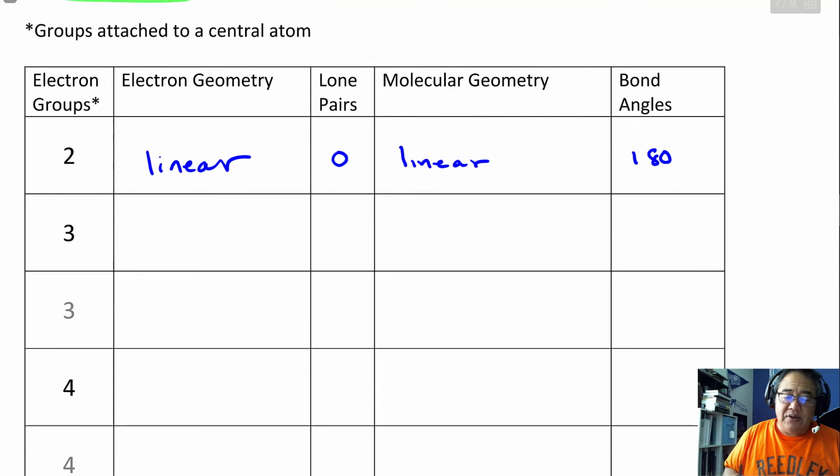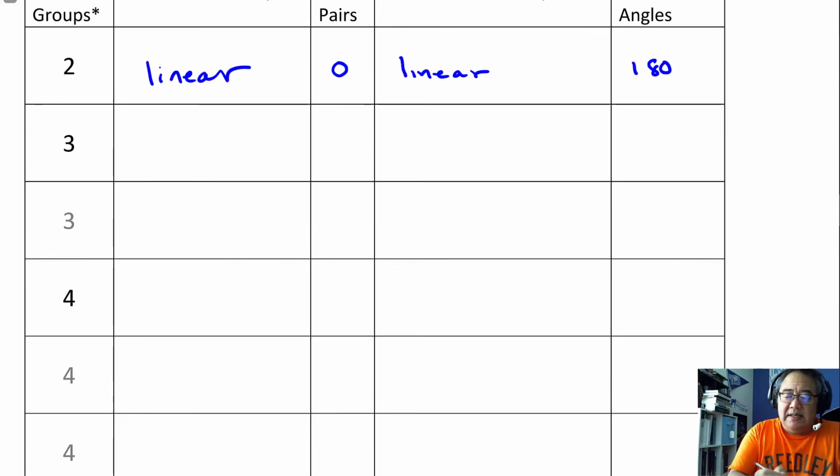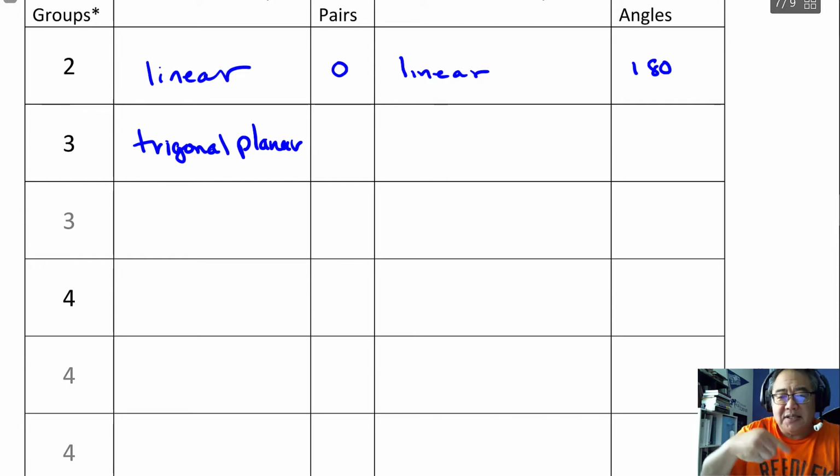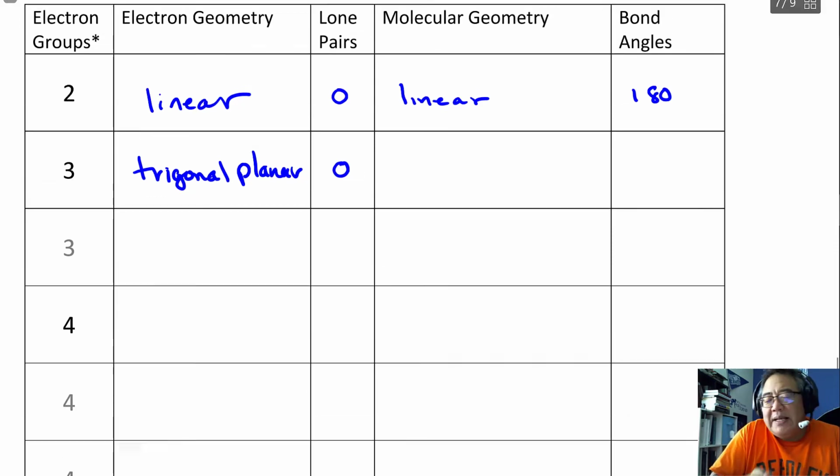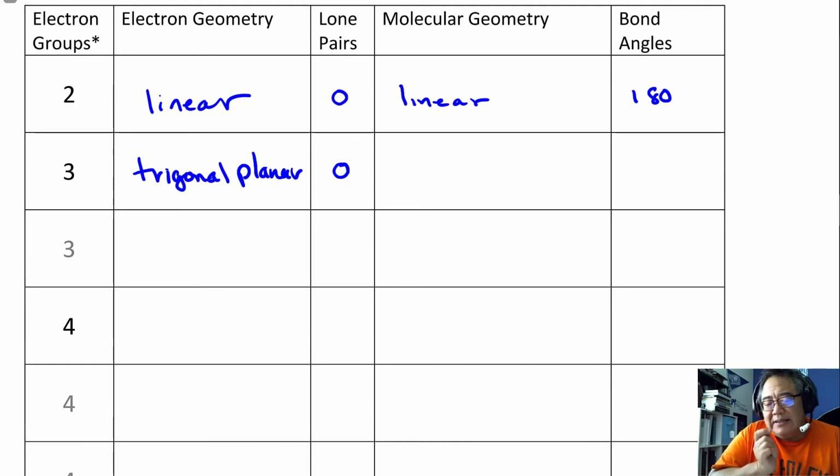All right. Now, you could have three electron groups, and this is the electron geometry that we call trigonal planar. That was the three apricots surrounding one cherry. I didn't have any lone pairs in that one. And whenever the electron geometry has zero lone pairs, the molecular geometry has the same name.